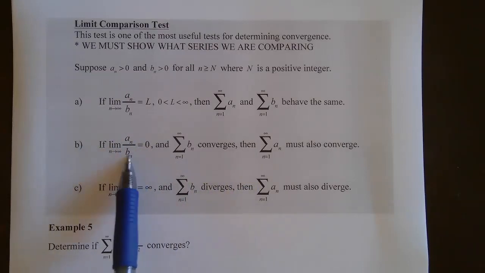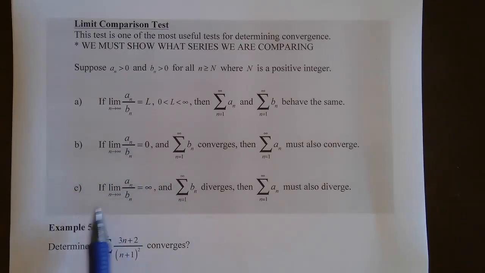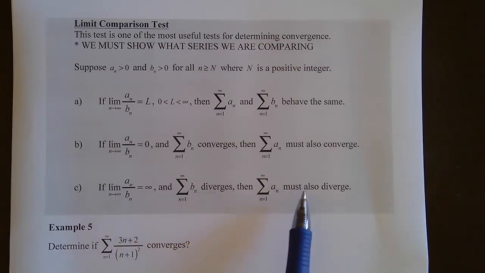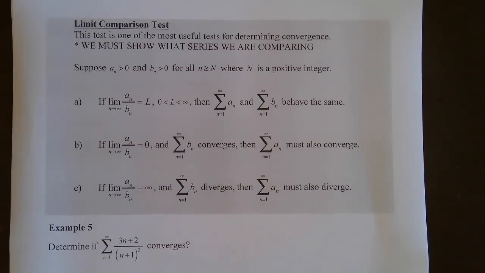So the one we're comparing it to must converge. If the limit goes to infinity, and b sub n diverges, meaning the one we're comparing it to is diverging, then the series we're looking at must also diverge. So here we go. Example 5.